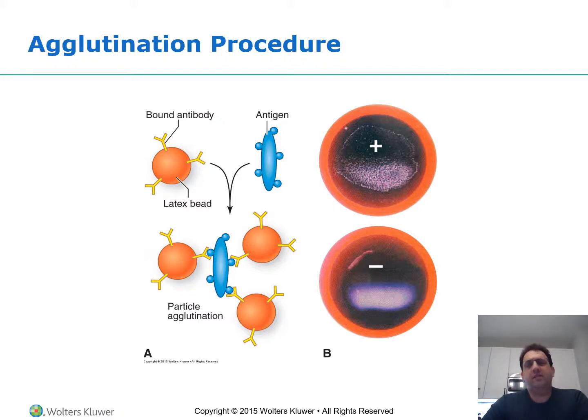Now in agglutination, this is when you give the wrong type of blood to somebody. There's an antigen. The antibody attaches to it, and then you start to get a whole clumping of blood cells together.